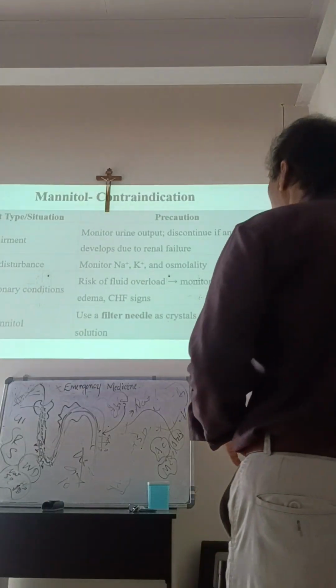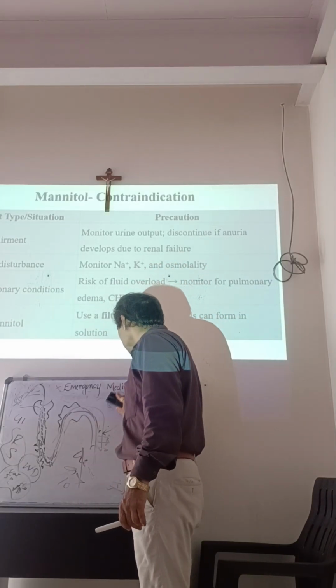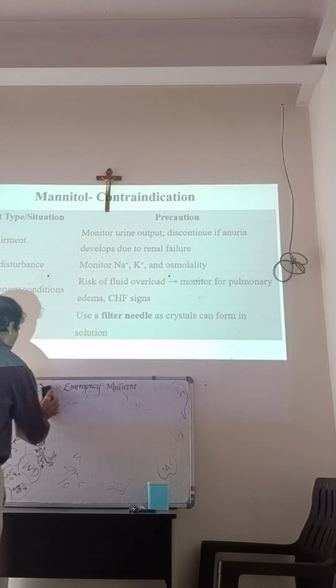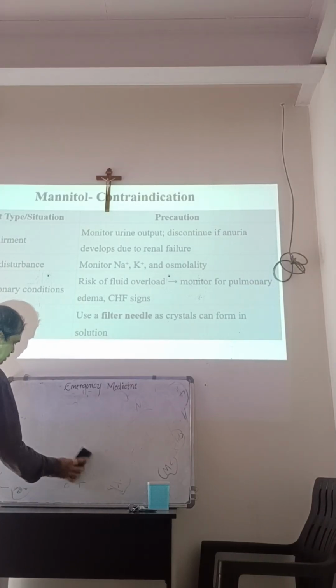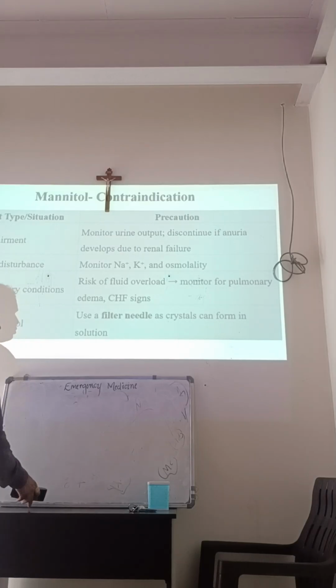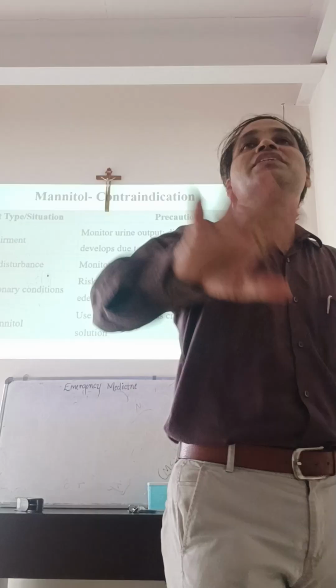Now with this, we finished diuretics. As per your syllabus, we have only two drugs: one is Lasix, furosemide, and the second is mannitol. Why are only those two drugs given? Because they are the ones used in emergency.